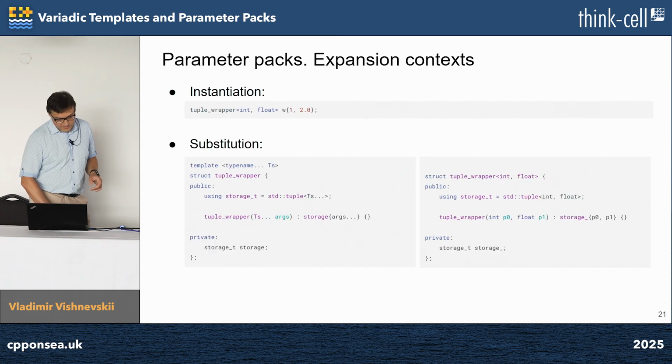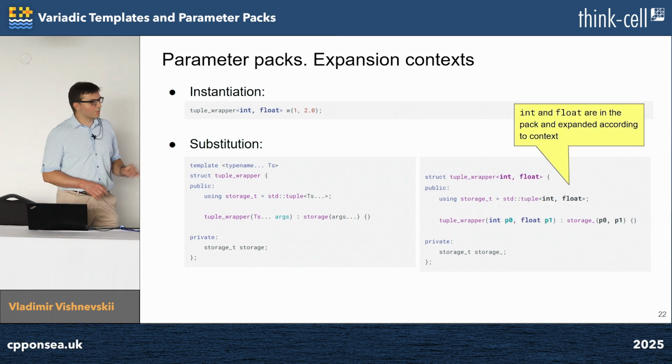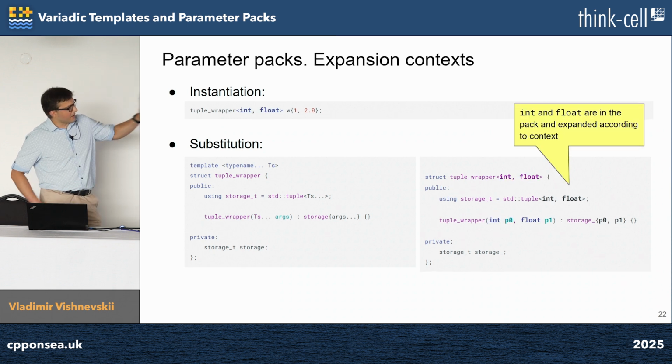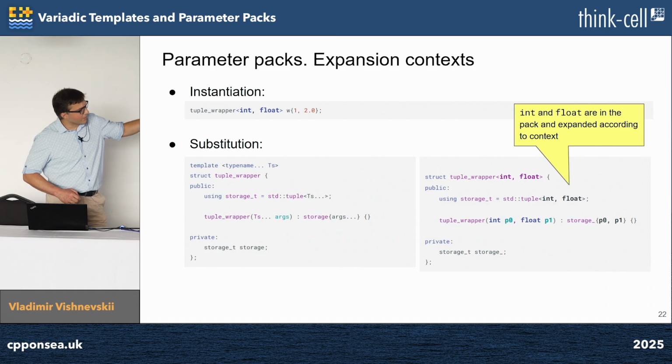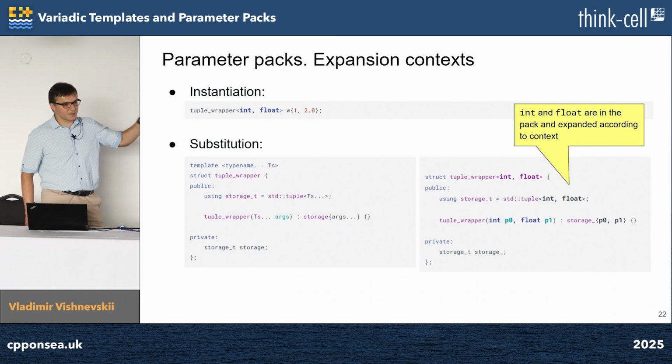Let's have a bit closer look into how this happens. Just for this example, I think it will be beneficial to also have this kind of substitution layout. So here we instantiate our tuple wrapper with two types, integer and float, and we provide some values. And here we see that those types that were used for instantiation are propagated into the body of the template as a part of substitution, as we specified by the expansion.